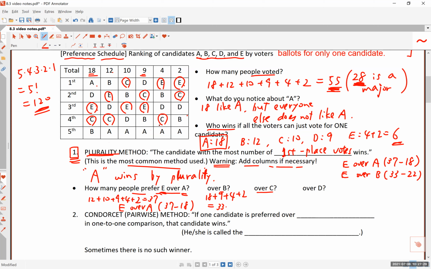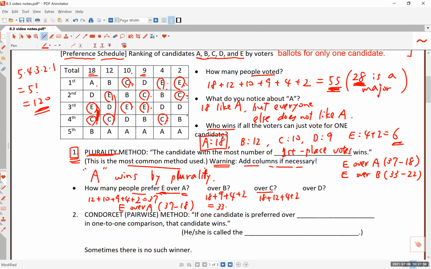If you look at these columns, E is preferred over C by these 18 people and the 12 people next to it. For this one, C is ahead of E, right? Because these 10 people prefer C over everybody else. CE, CE. But the 4 people and 2 people in the end prefer E over C.